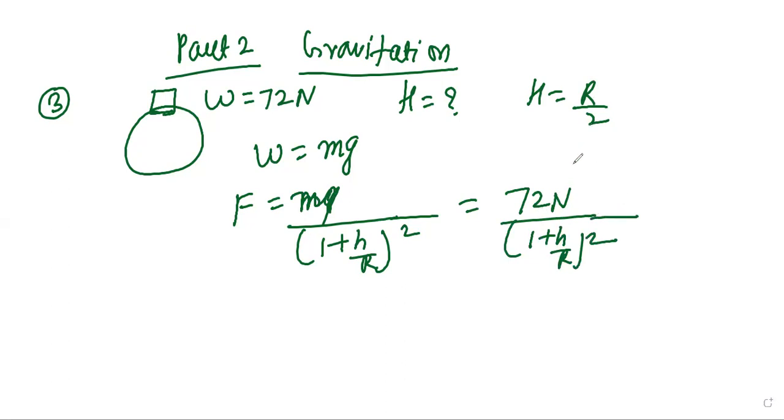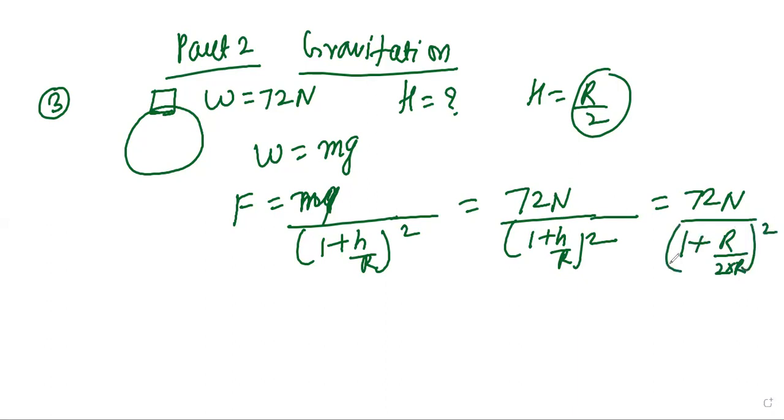Right. Now put R by 2 instead of h. Then you will get 72 Newton divided by (1 plus (R by 2) into R) whole square. So R and R get cancelled. 72 divided by, LCM is 2, so it is (2 plus 1 upon 2) whole square.